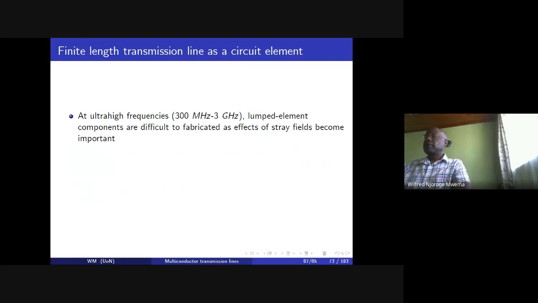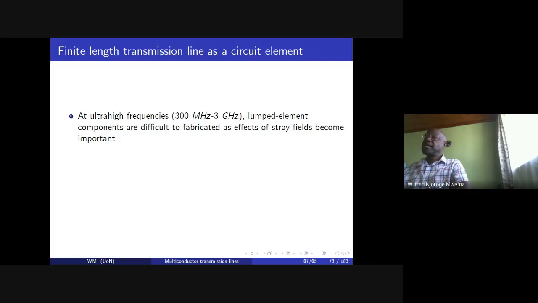So we now want to see how we can use our line as a circuit element. We have seen that a section of line terminated in a load impedance can be used as an impedance transformer, to transform that impedance ZL into a lumped element impedance Zi at the input of that line.